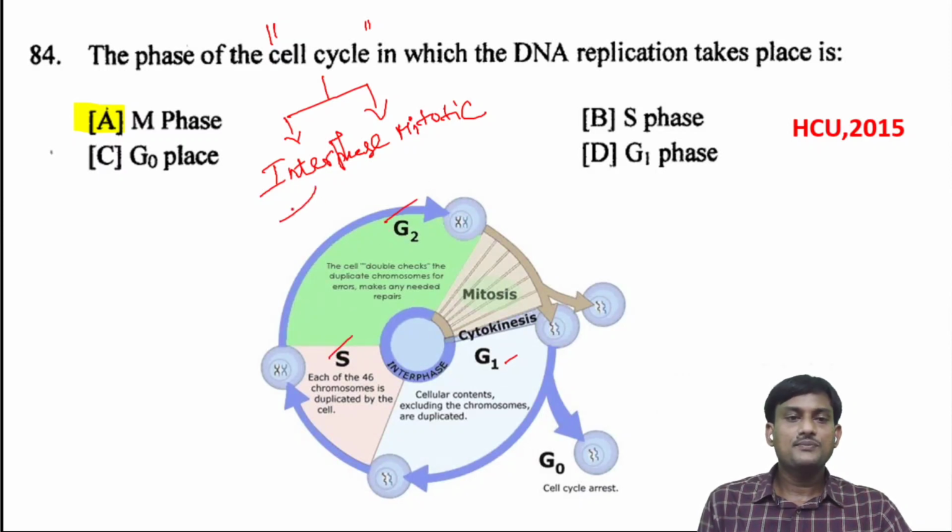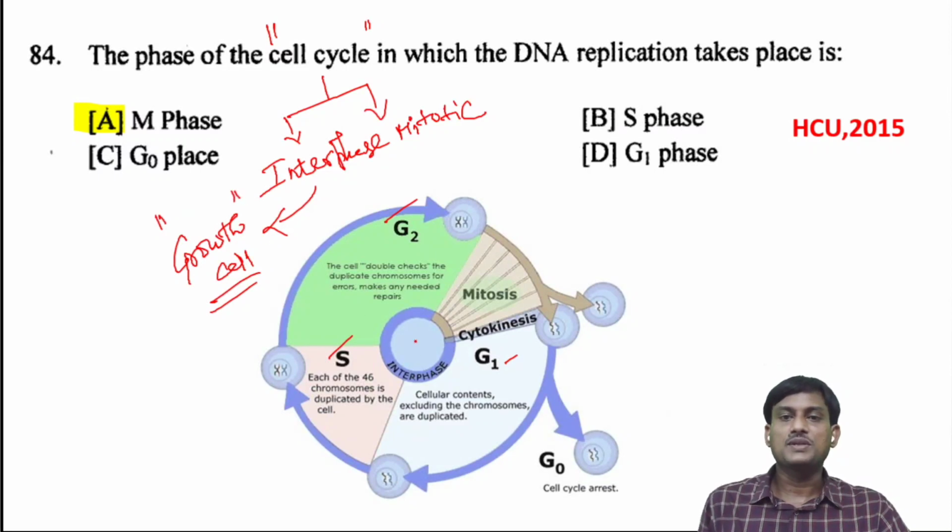In interphase there is growth of the cell, and also DNA is formed. In mitosis there is a division of the cell. In cytokinesis also there is a division of the cytoplasm. So the replication of DNA takes place in the M phase.